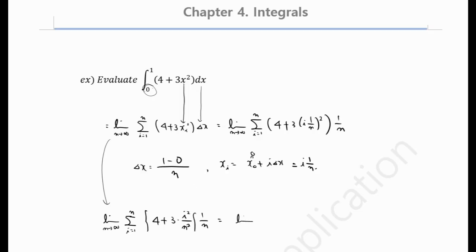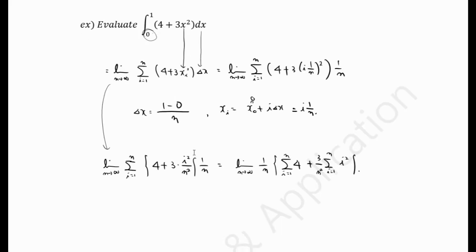This is the limit as n approaches infinity of 1 over n, times sigma from i equals 1 to n of 4, plus 3 over n squared times sigma from i equals 1 to n of i squared. We have already known that sigma from i equals 1 to n of i squared is n times n plus 1 times 2n plus 1, over 6.